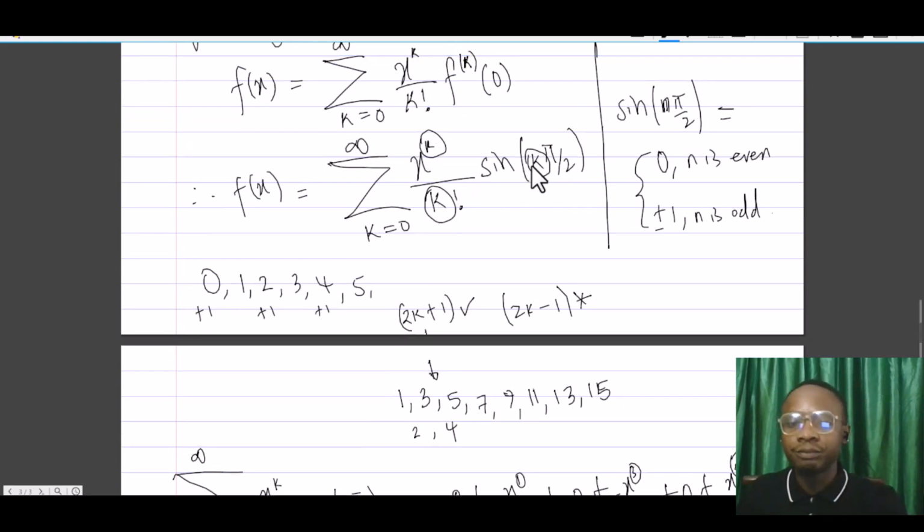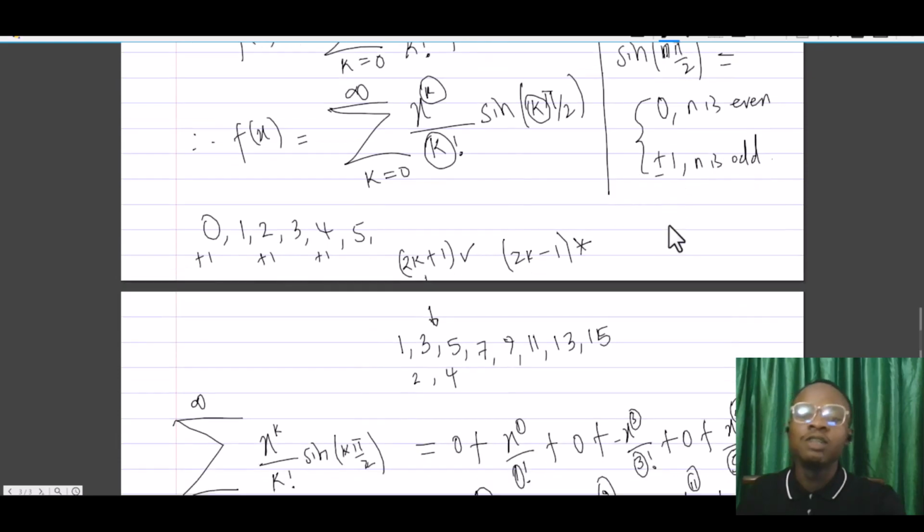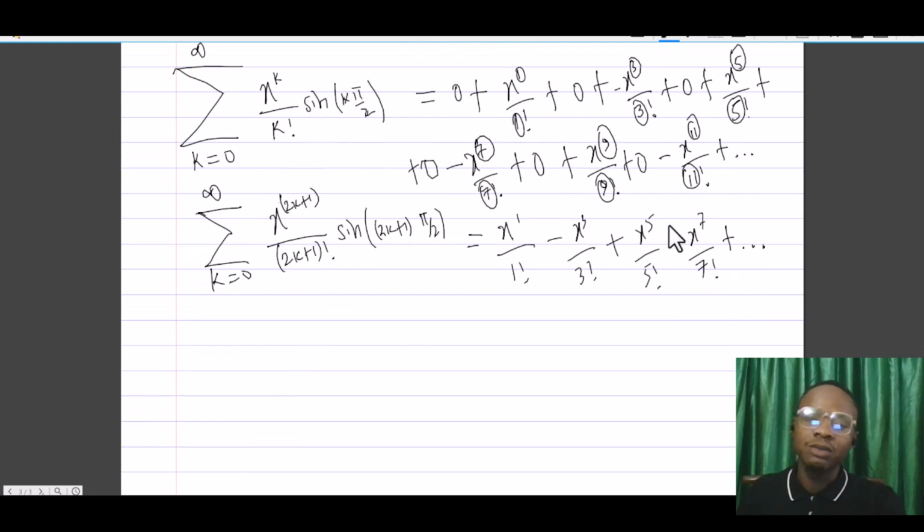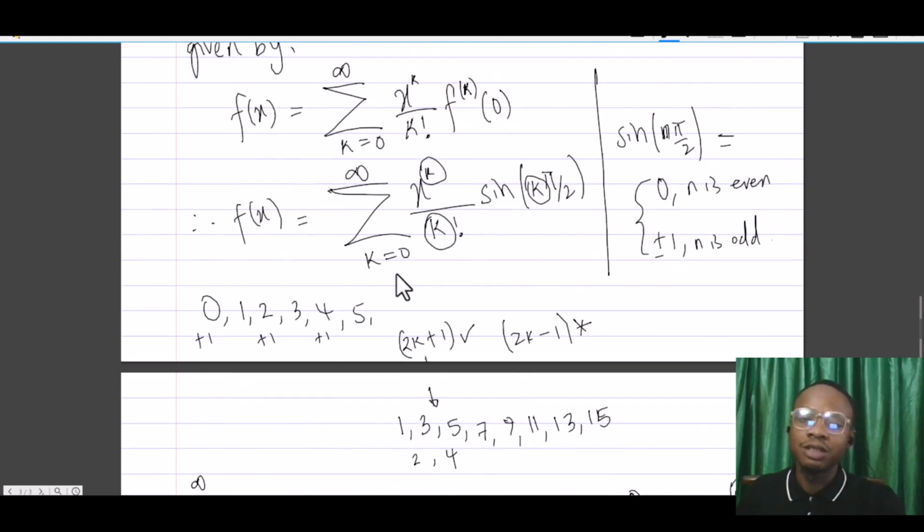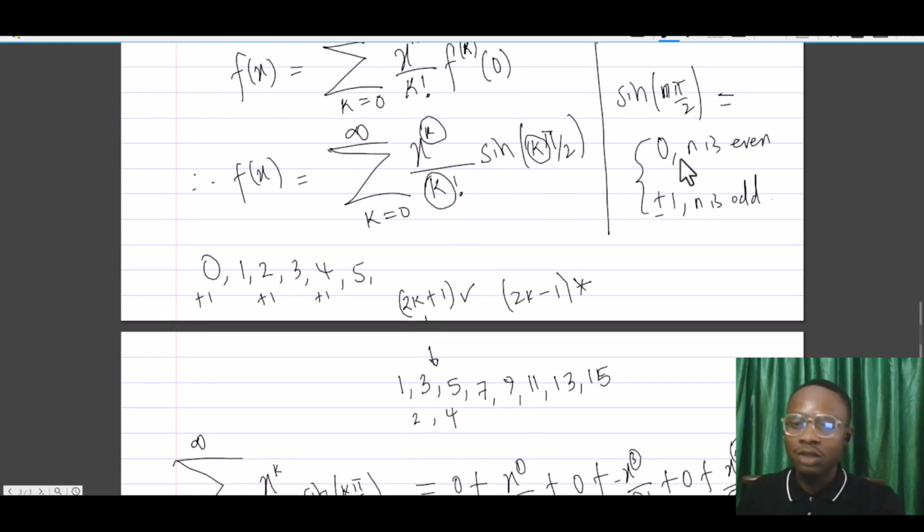By so doing, we have eliminated the points where it becomes 0. Once we have replaced k here by 2k plus 1, k here by 2k plus 1, k here by 2k plus 1, we have eliminated everywhere that it can become 0. Then the only thing is that it becomes 1 or minus 1. That is the only possibility. So we will have to cater for that as well. We have already catered for the possibility of it being 0.